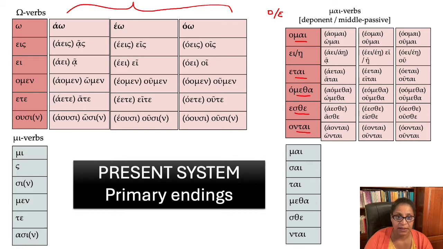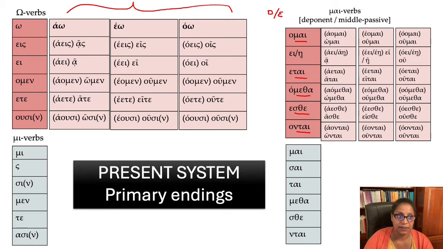This is the ending, only that with omega verbs, they have a buffer between the ending and the stem in the middle. And so you get omai. So luomai, for example. Lueis, luetai, luometha, luesthe, luontai. I'll come back to what's going on here, but just suffice it to say that you should just memorize this ending. It's the process of a long shift.